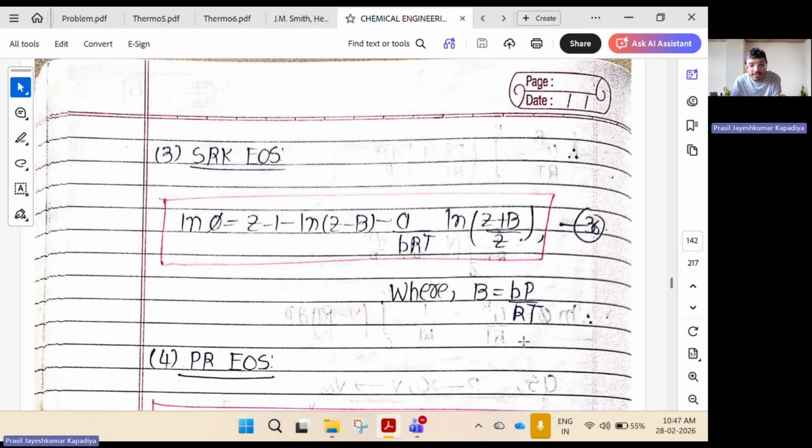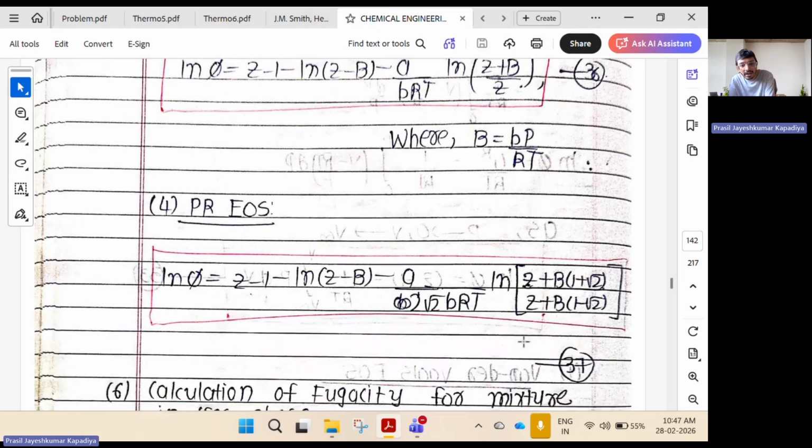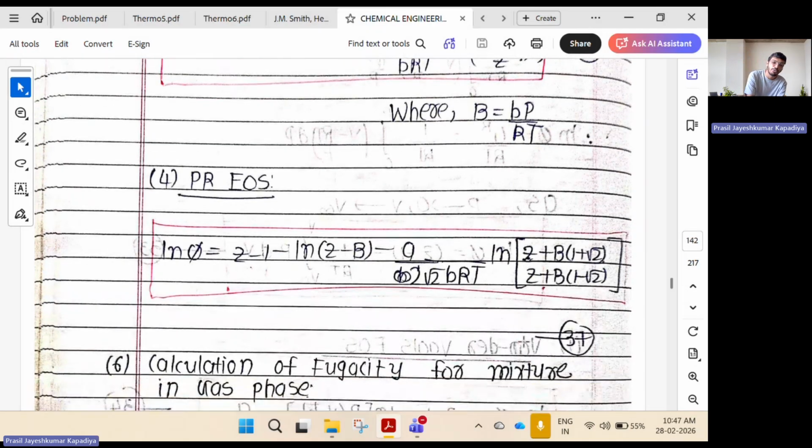Similarly, for SRK equation, ln phi is equal to Z minus 1 minus ln of Z minus B minus A by BRT ln Z plus B by Z, where again here B is bP by RT. And a similar equation we can write for Peng-Robinson equation of state, where Z minus 1 minus ln of Z minus B minus A divided by 2 root 2 BRT ln Z plus capital B 1 plus root 2 divided by Z plus B 1 minus root 2.